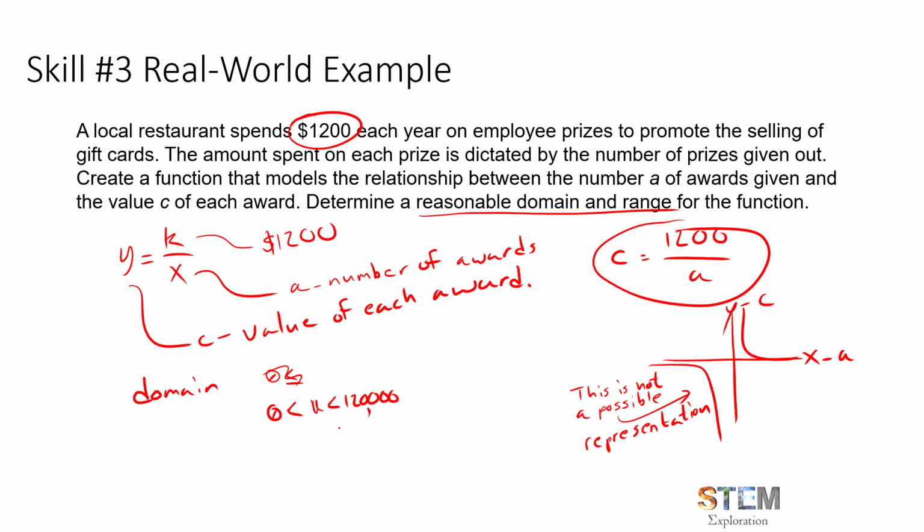And I think we're at that level of mathematics where we can say, hey, what's realistic here, all right? 120,000, you have to have a prize more than a penny. Maybe you want to even go further than that. Maybe if it's a gift card, it has to be at least $5, so in that case, 100 gift cards would be $500, 200 would be $1,000, 240 would be the $1,200.